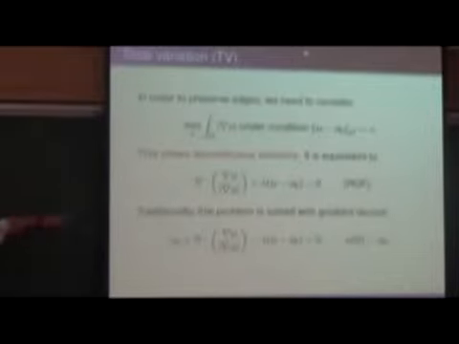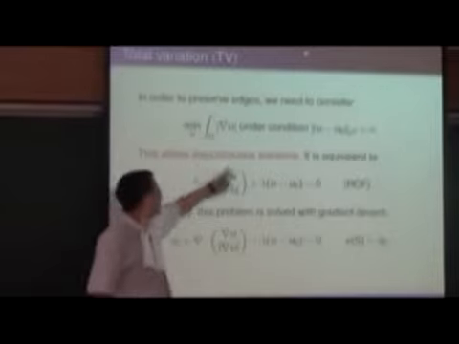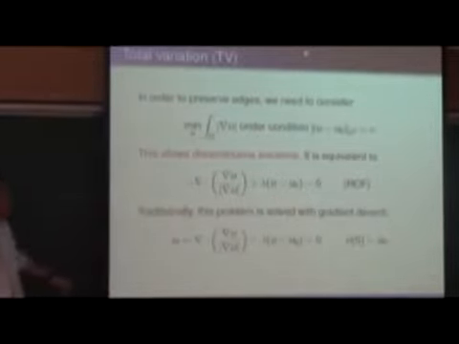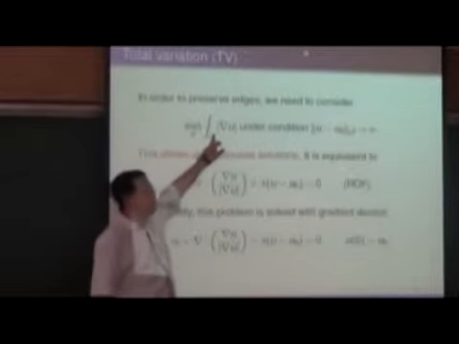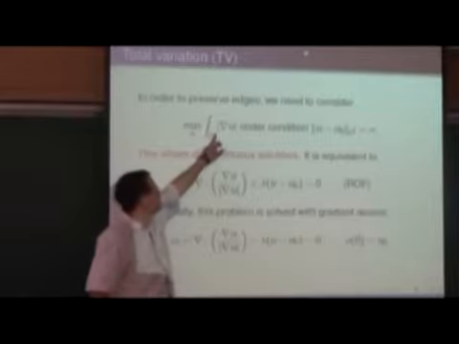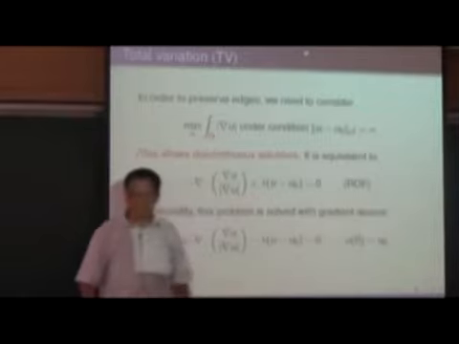The minimization of the regularization term will make the image regular. Oscillation is not regular, and even discontinuity is not regular, but here we want the discontinuity, so we keep it. So this is regularization, and this is a fitting term.